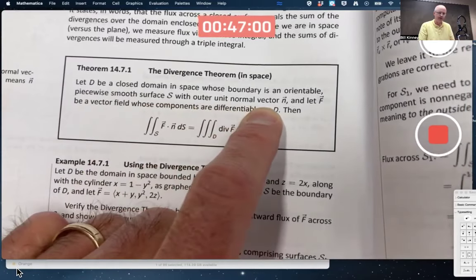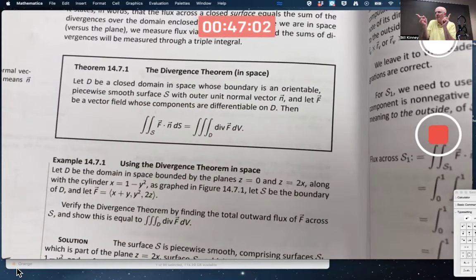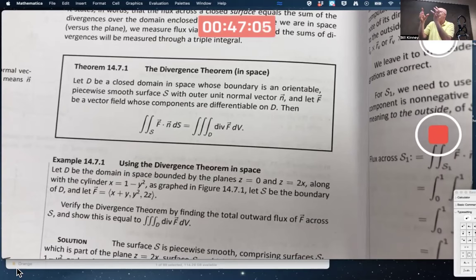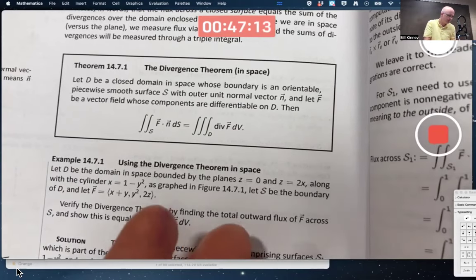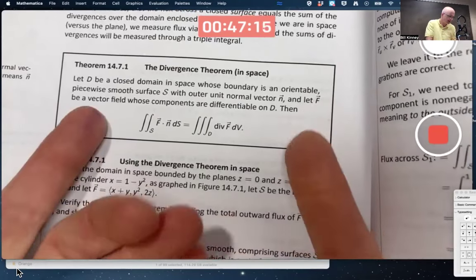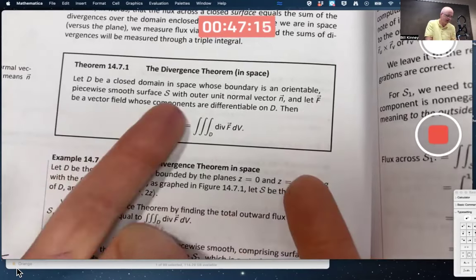Outer unit normal vector. I call that an outward pointing normal vector. So you got your solid, you got to choose the normal along the pieces so it's always outward pointing for this theorem to be true. F is a vector field whose components are differentiable on D, the solid domain. So it's continuous and differentiable.